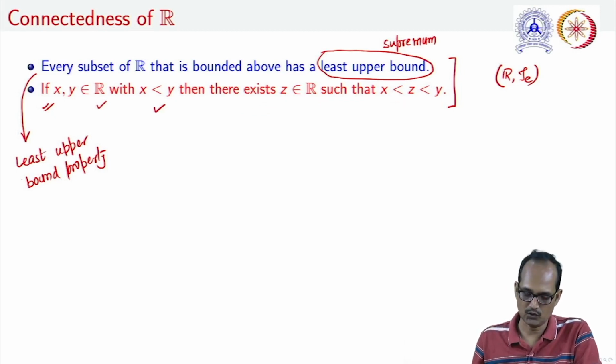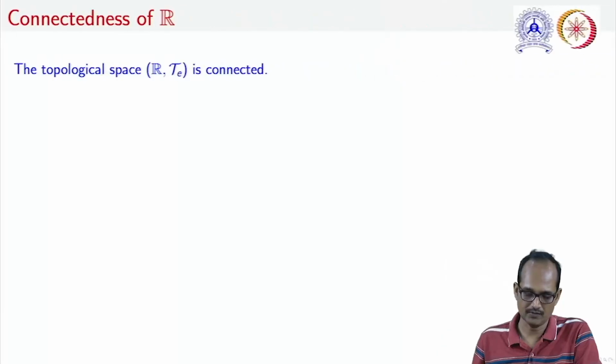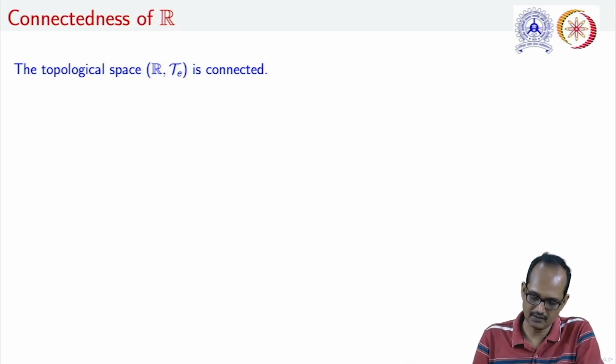With these two fundamental concepts, let us show that R along with Euclidean topology is connected. We will prove it by contradiction. So, if possible, let us assume that this topological space R with Euclidean topology is disconnected.